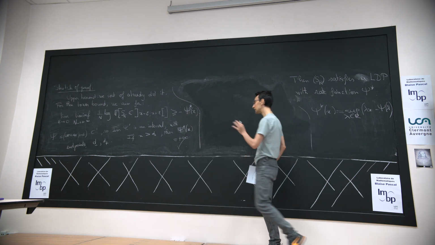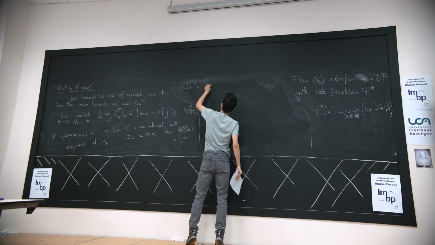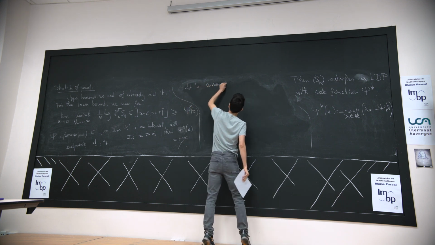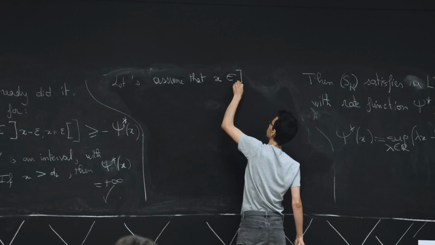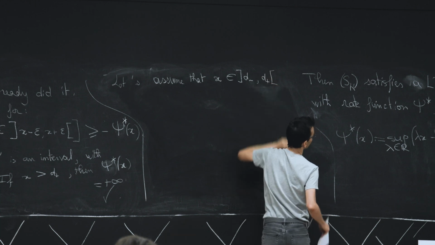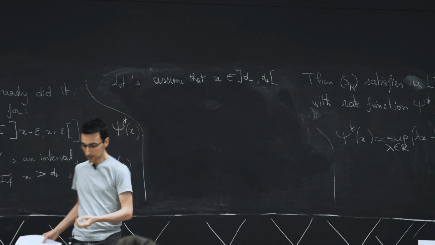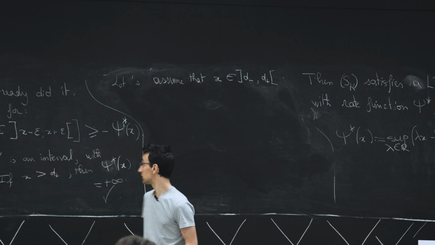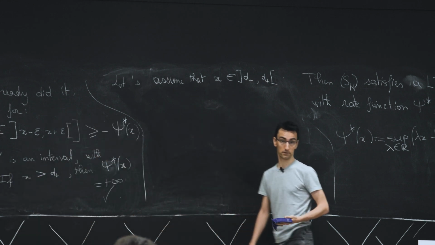So let's assume that x is inside the interval. And really what I want to assume, in fact, is that I can find a lambda such that psi prime of lambda is equal to x.